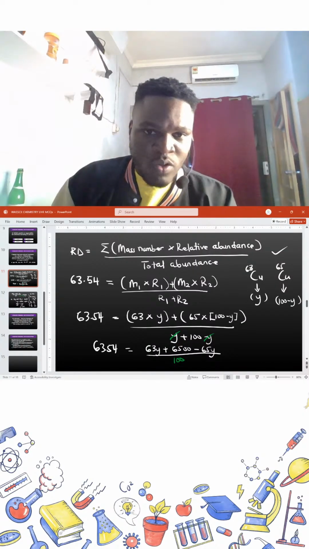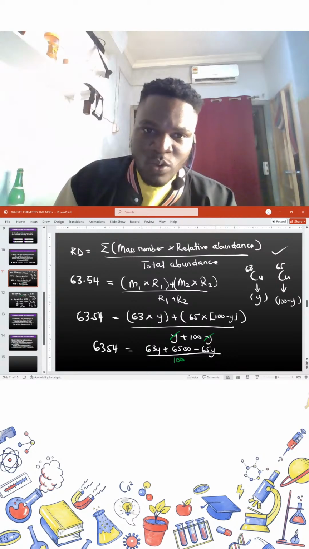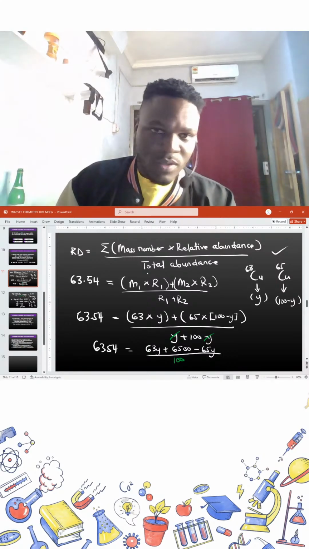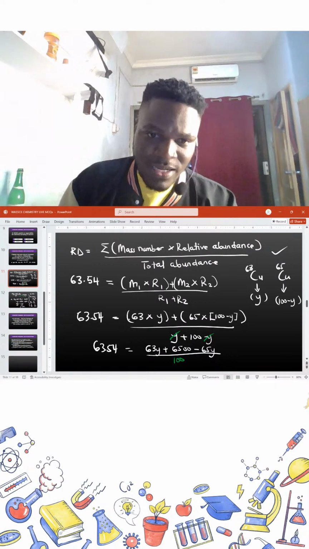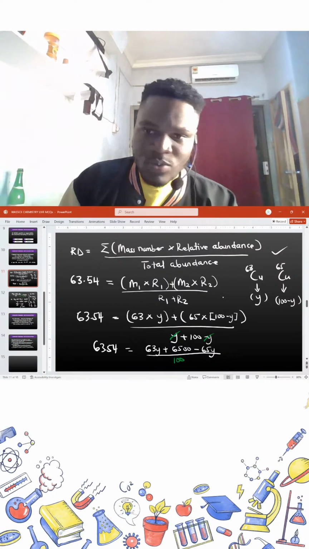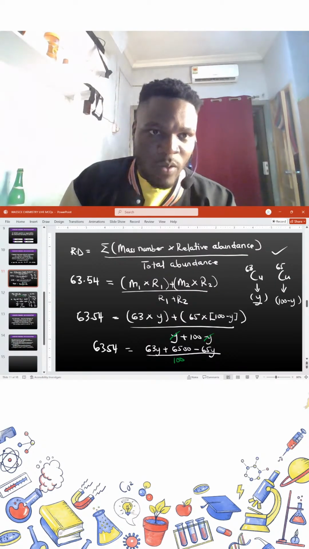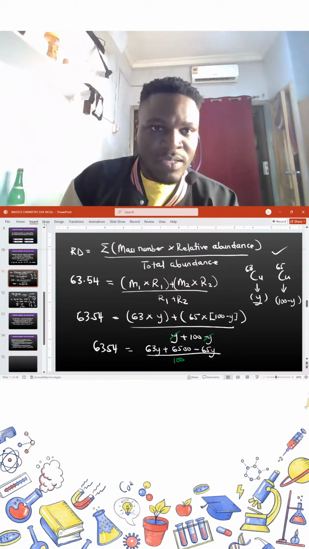Are we okay? So all we did over here is that we took the mass number for copper 63, which is 63. We multiplied it by the relative abundance, which we are saying is y for copper 63.